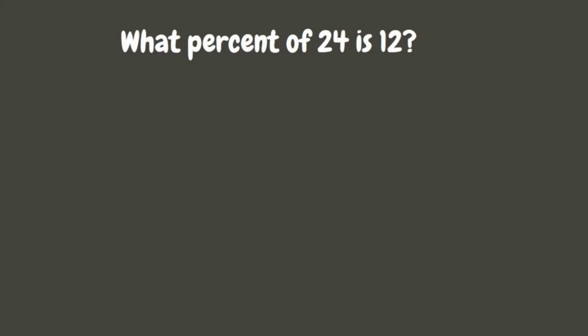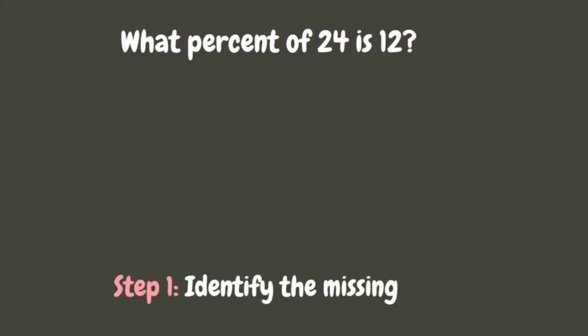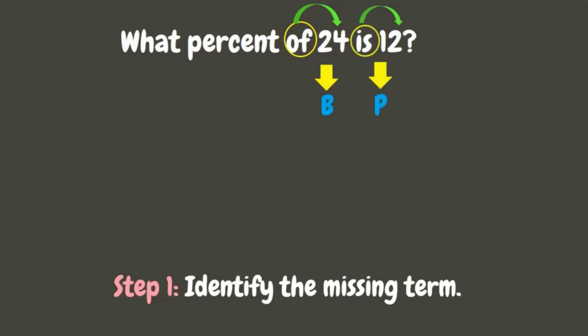What percent of 24 is 12? Again, let's identify first the missing term. Since 24 comes after the word of, that is our base. And 12, which comes after or beside the word is, is our percentage.